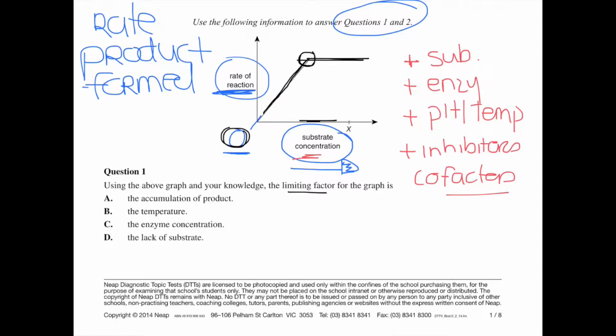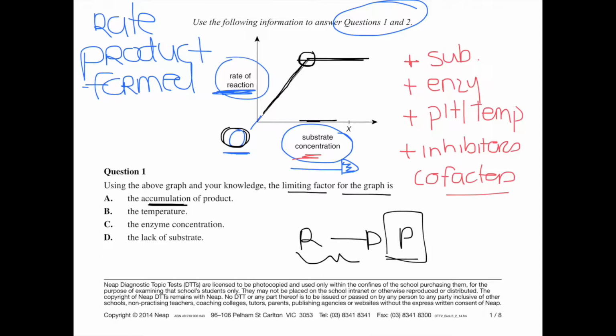All right. So, using the above graph and your knowledge, the limiting factor for the graph is the accumulation of product. I don't see how the product being formed would be. Remember, we've got reactants, which form products. The accumulation of product is not going to have any effect on the enzyme and the reactants, unless it's acting as a regulatory inhibitor, but it's not going to be.